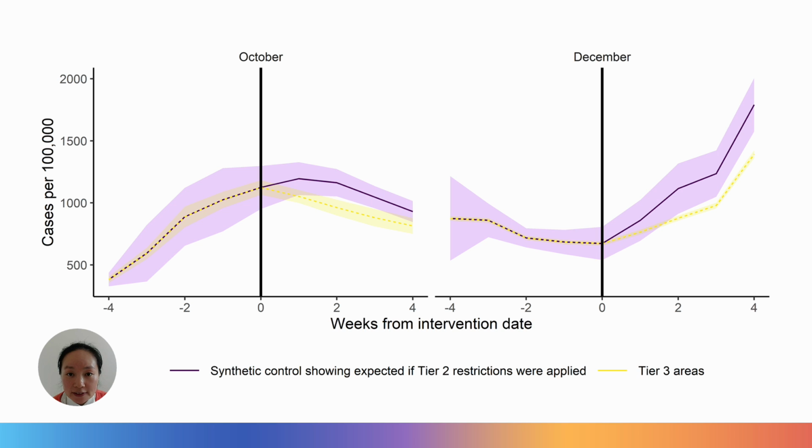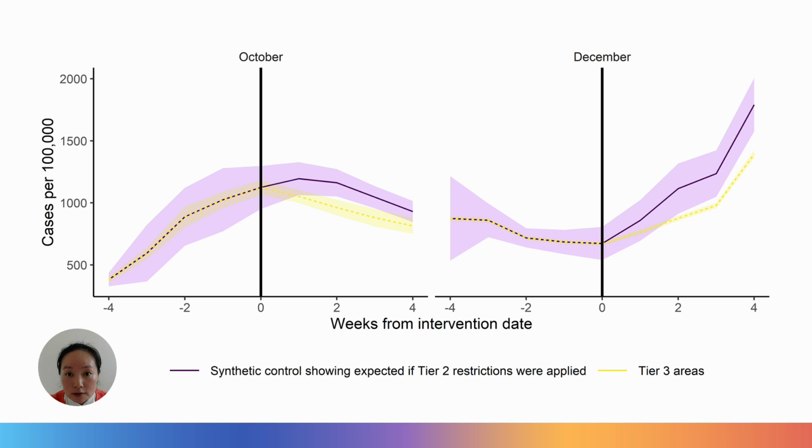These two figures show the result of the number of cases per 100,000 population 4 weeks before and 4 weeks after implementing Tier 3 restrictions in October and December 2020 respectively.